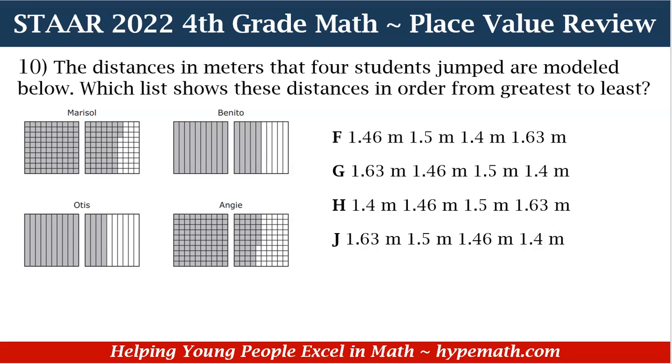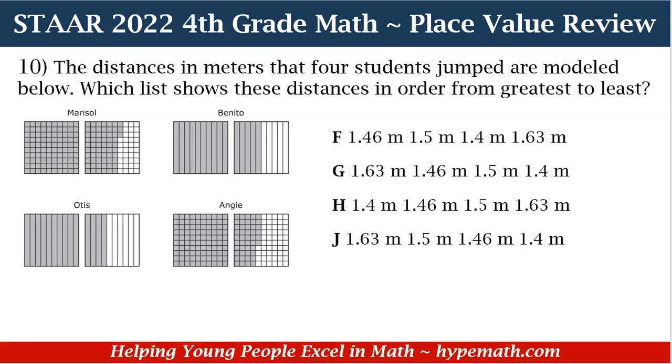Okay, and we see we have Marisol, Benito, Otis, and Angie. Let's look at our answer choices. For F, it's 1.46 meters, 1.5 meters, 1.4 meters, and 1.63 meters.